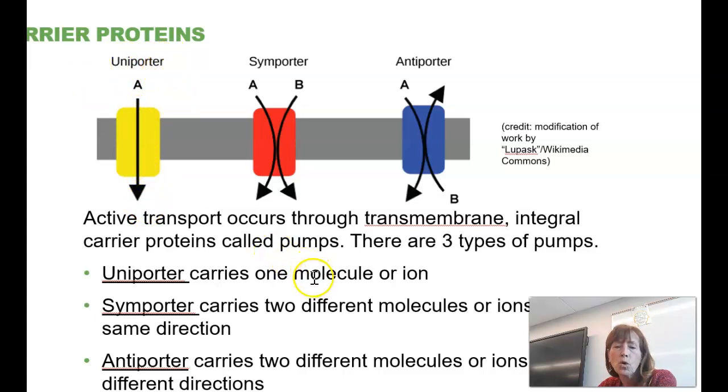It's in charge of a particular ion or particular molecule, and it moves one molecule or one ion one way or the other. A symporter is one that can bring in or out two different things, and they go in the same direction. Sym is like in similar, they're going the same way. And then there's one called an antiporter, which can bring one thing in while it takes another thing out.